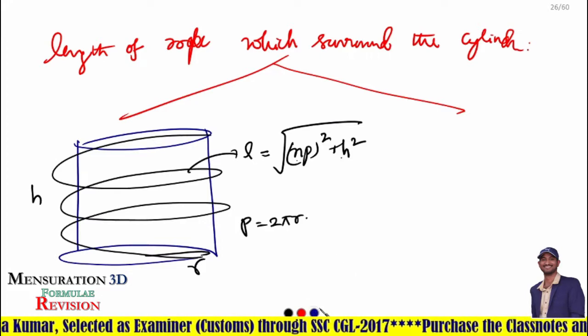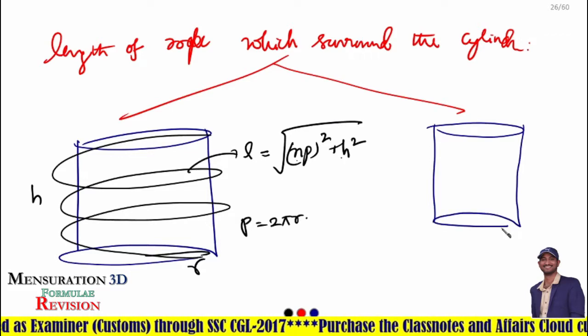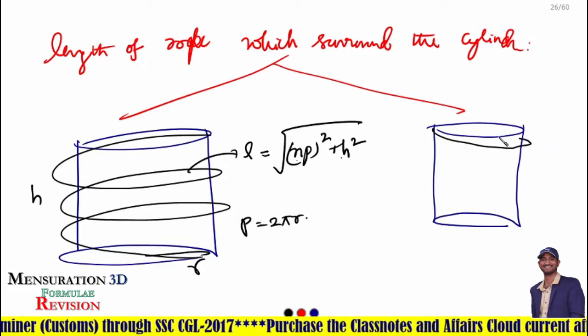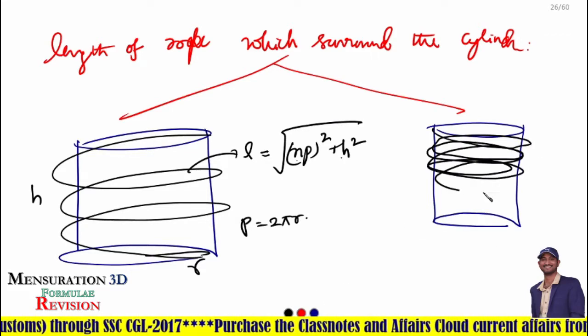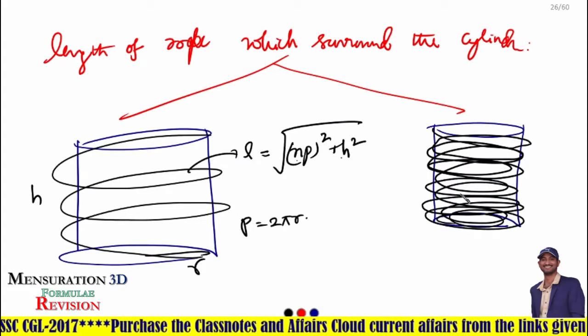And another model is the cylinder is completely invisible by making rounds with that rope like this.